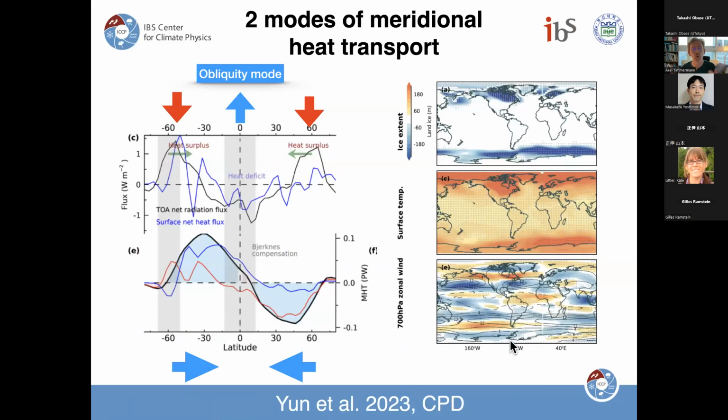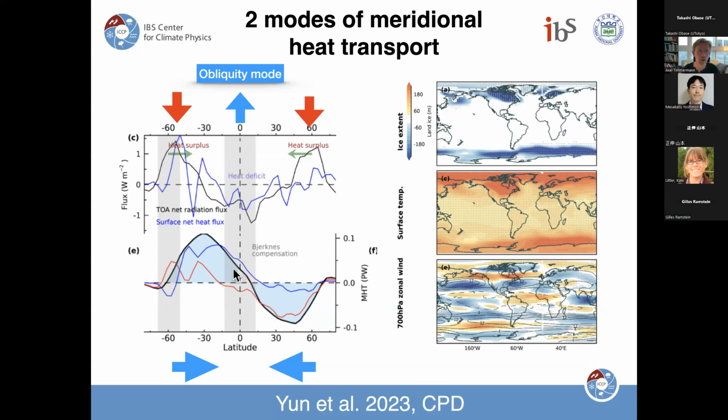All right, in order to understand the patterns of these modes, we can reconstruct several other features. The first mode, which I call the obliquity mode, has the effect that for positive principal components, we're pumping heat into the extratropics. You can see that quite clearly in the associated temperature pattern. There is less ice, sea ice and ice sheet, and that heat convergence is actually transported to the equatorial region.